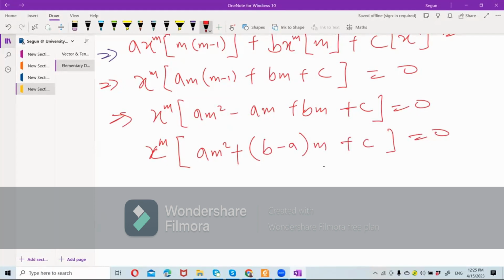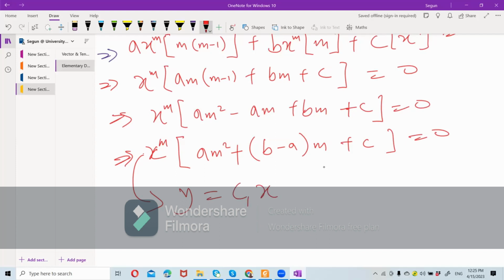You remember that from here, which I don't need to go into detail, I believe you know this one, our y will be equals to c1 x raised to power m1 plus c2 x raised to power m2.